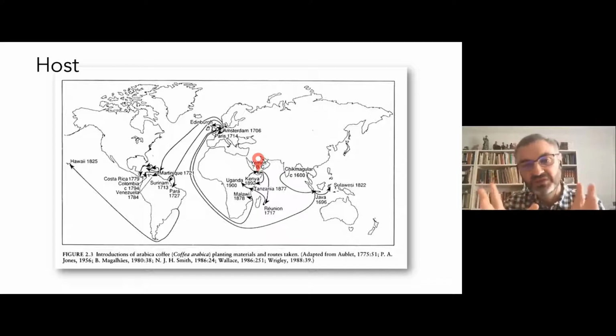But the real key moment in the global history of the arabica plant is when it was taken across the Red Sea from Ethiopia and cultivated in Yemen. Yemen is interesting in part because it is a landscape in which you can grow coffee, but for a wide range of reasons, turns out to be very, very hostile to the rust.